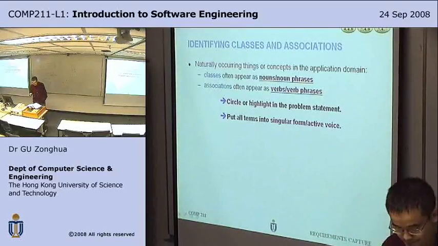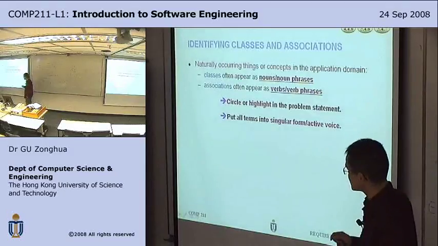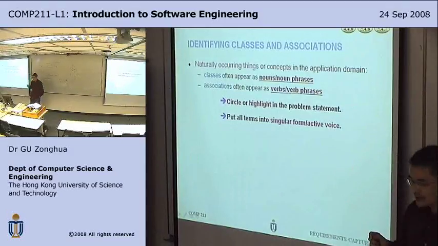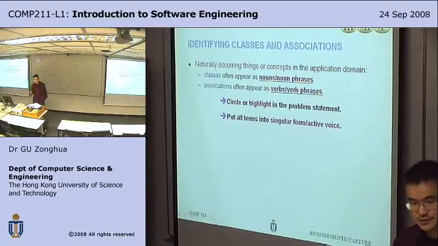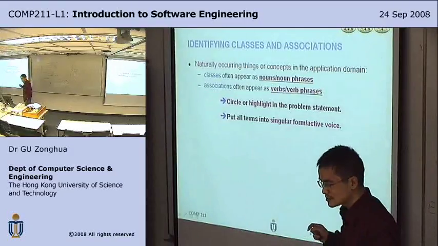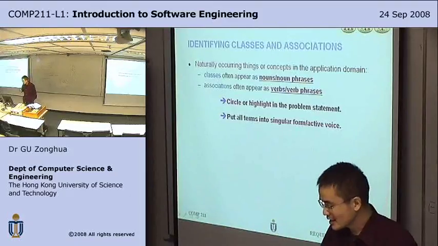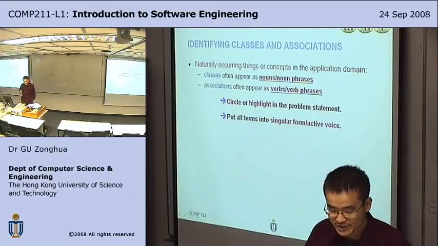Singular form is when you say student registers for a course, versus the plural form, which says students register for courses. Active voice is when you say student registers for a course instead of the course is registered by a student.